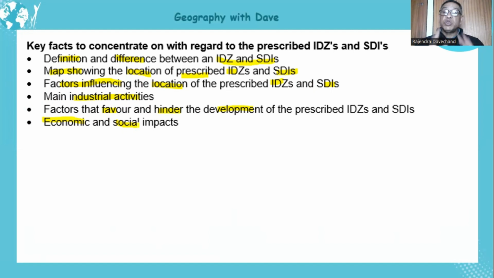And the Coega IDZ, what was it developed for? It was, again, as with IDZs, to attract investments. And there are specific groups or sectors that it looked at. I will give you a further explanation of each one when we look at the main industries, but we looked at a variety: metals and metallurgical, automotive, agro-processing, chemicals, logistics, general manufacturing, services, including business process outsourcing, energy, trade solutions, training, and maritime.